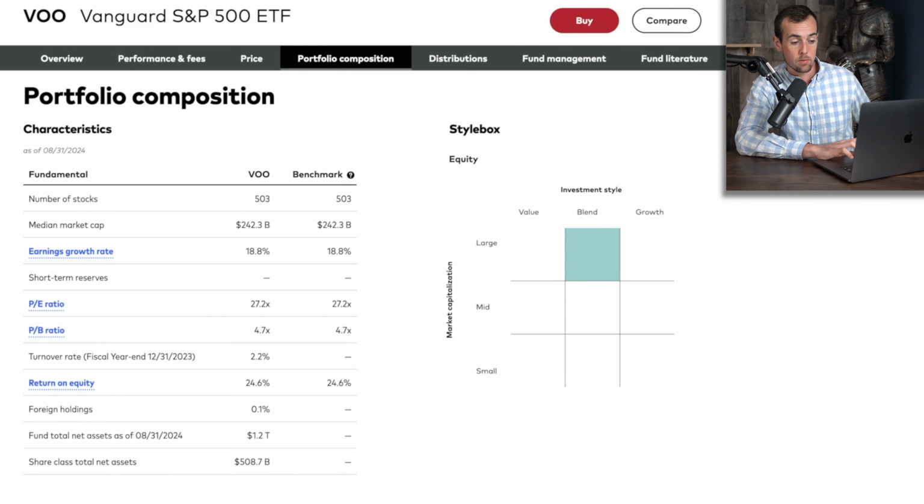This is going to be a blended strategy, so it fits right here in the middle, meaning that you have a mix of both value investments and growth investments in this ETF, and it also shows you the size of the companies you're investing in. So in this case, since you're investing in just the top 500, it's mostly going to be large cap or large size companies that you are investing in.